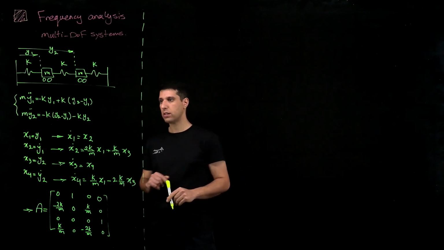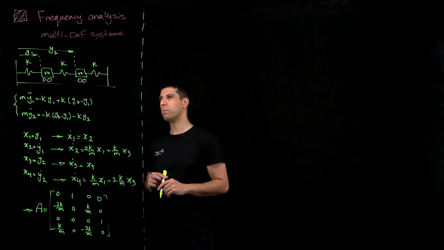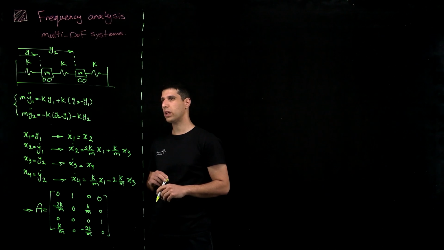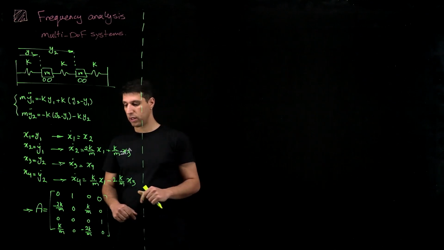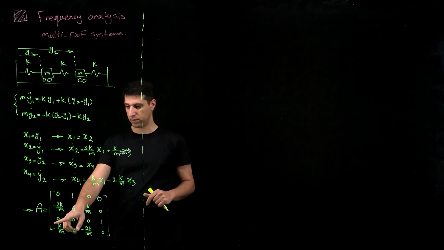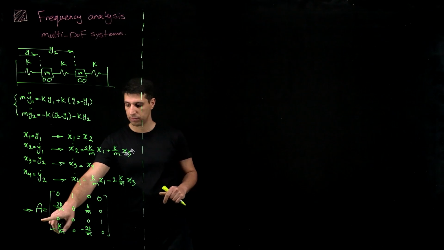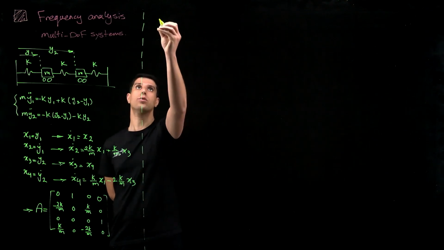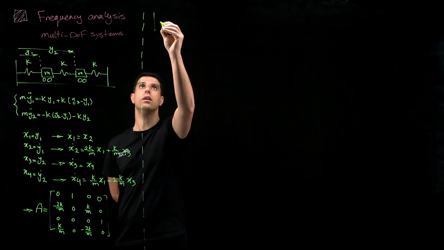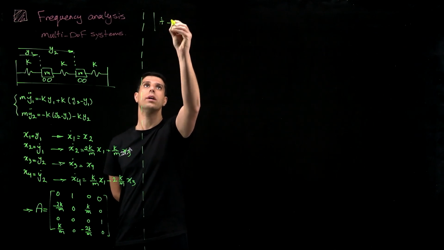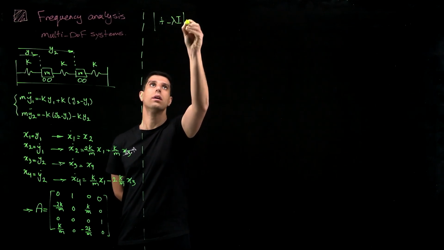To do that, I think we have solved this problem before. So I need to find the eigenvalues of this. To do that, I need to solve for the determinant of A minus lambda I equals 0.